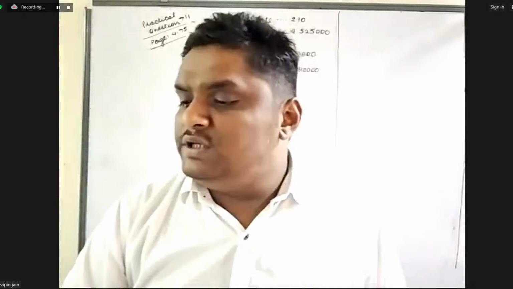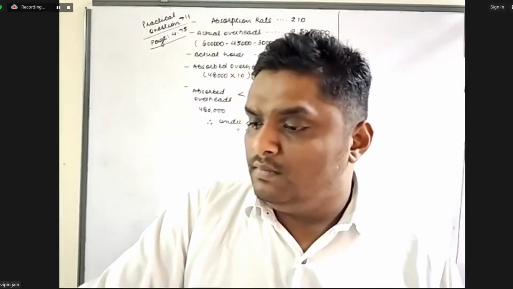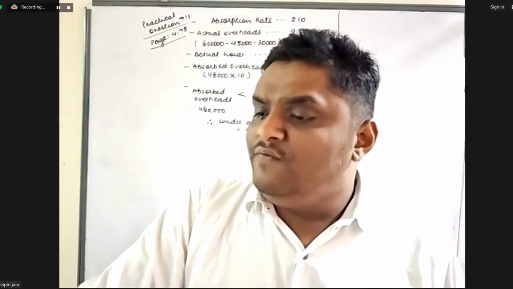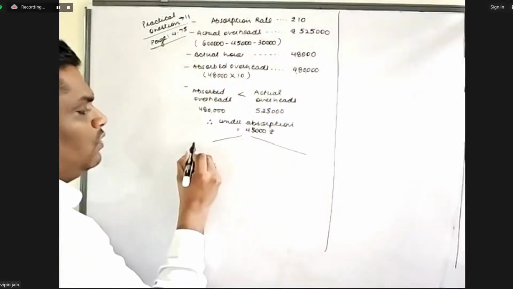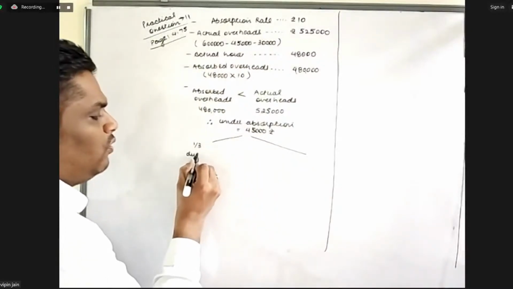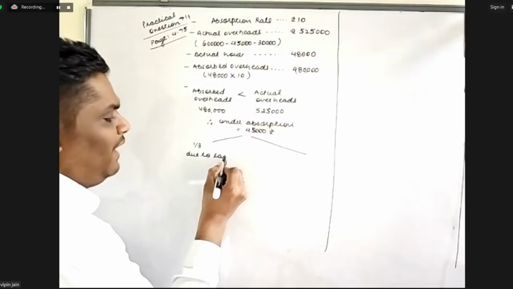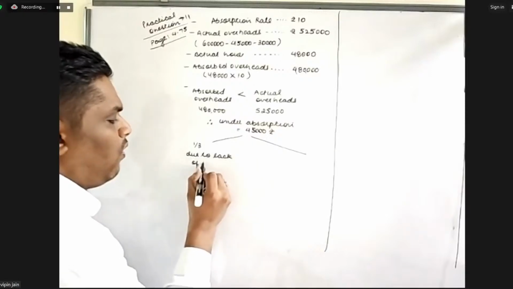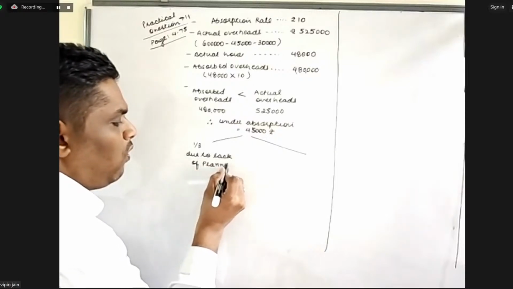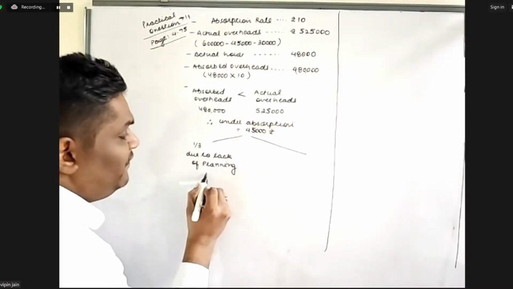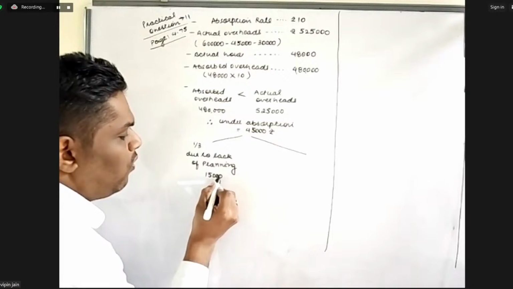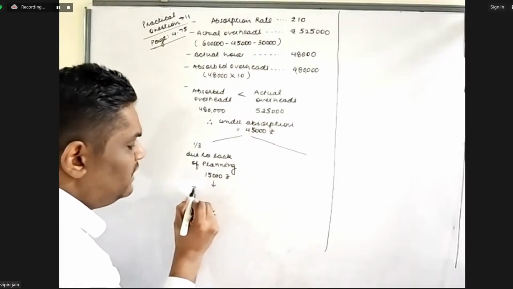Of this 45,000 rupees, 1/3 of under absorption was due to lack of production planning. So 1/3 due to lack of planning, that is 15,000 rupees, we will transfer to costing P&L.